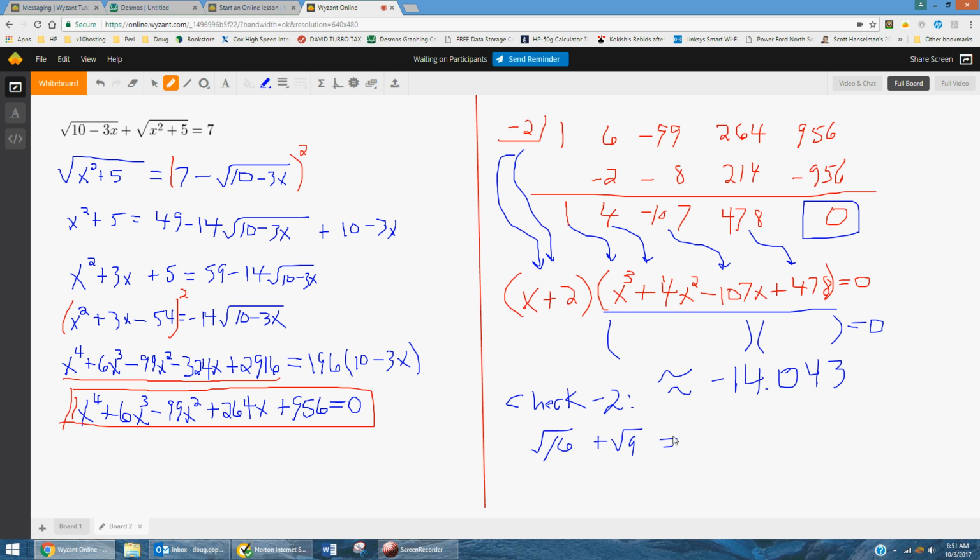Does that equal 7? Yes, 4 plus 3 is 7. Check. So -2 is a root. If you try to check -14.043 or something approximating that, you find out that it doesn't work. So -2 is the only solution.